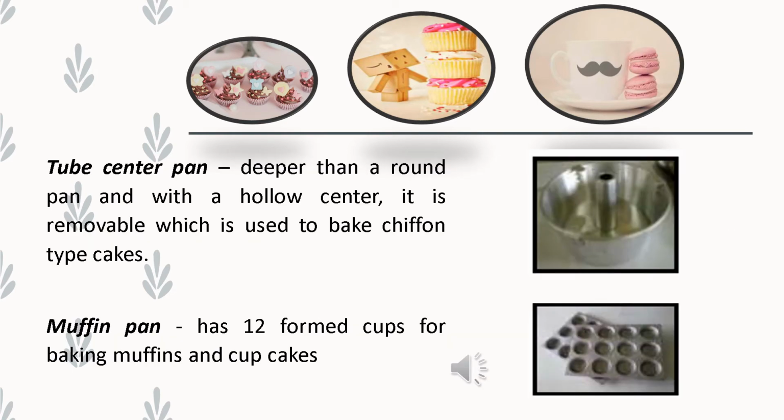Tube center pan, deeper than a round pan with a hollow center. It is removable, which is used to bake chiffon-type cakes. Muffin pan has 12 form cups, used for baking muffins and cupcakes.